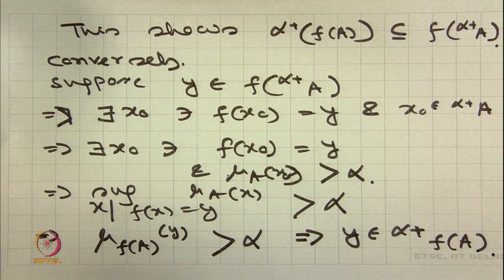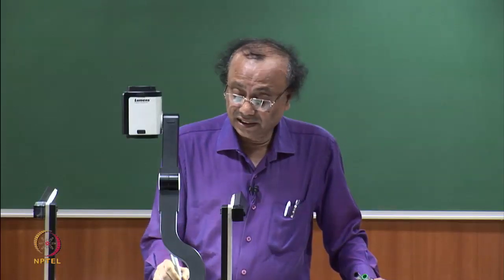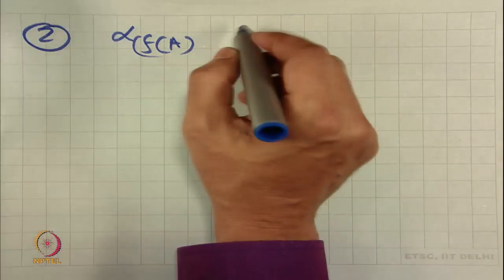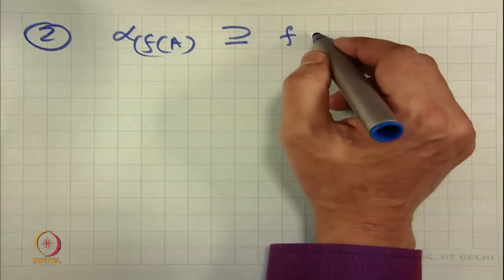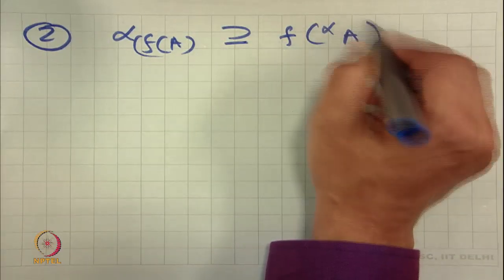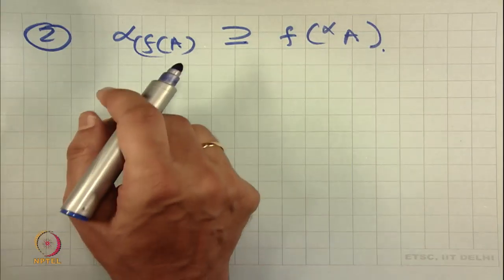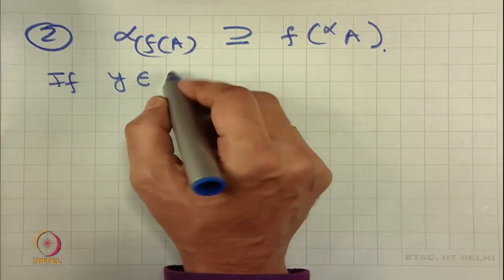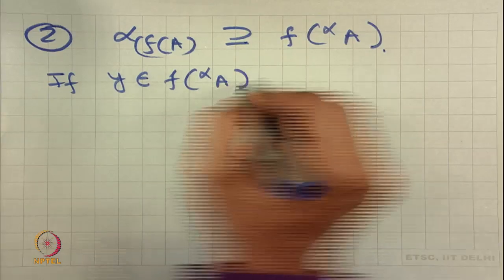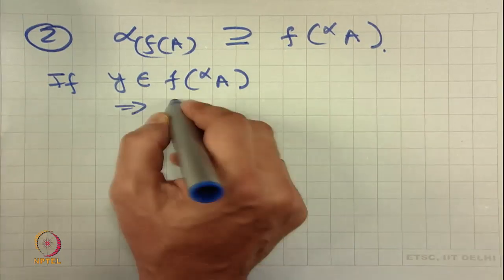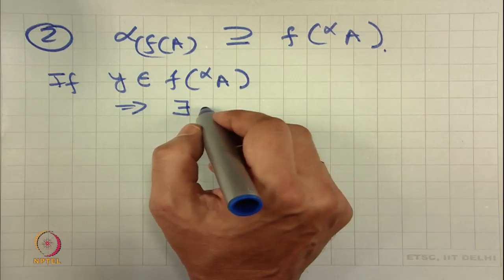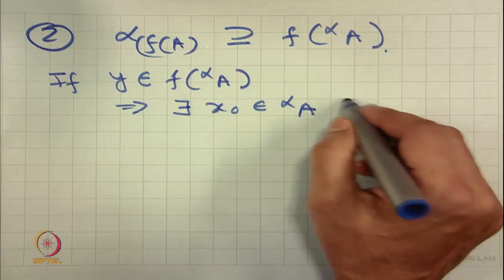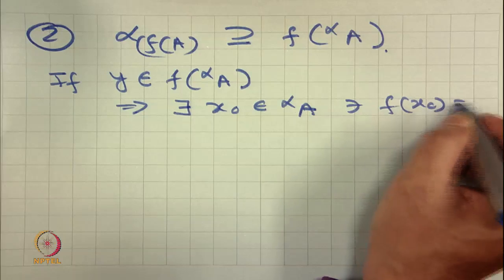Now, let us prove the second result. Alpha cut of f(A) contains f of alpha cut of A. If y belongs to f of alpha cut of A, implies there exists x naught belonging to alpha cut of A such that f of x naught is equal to y.